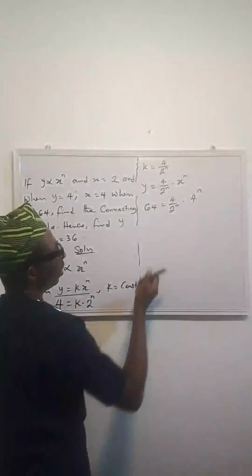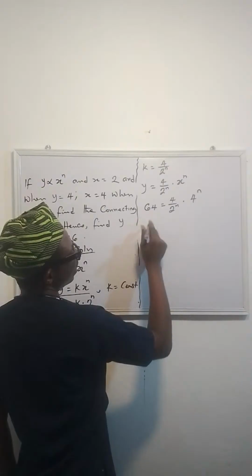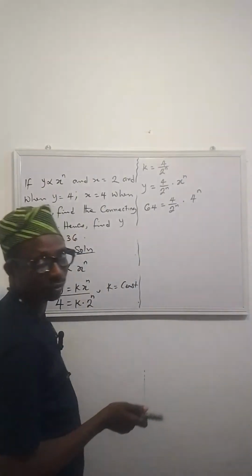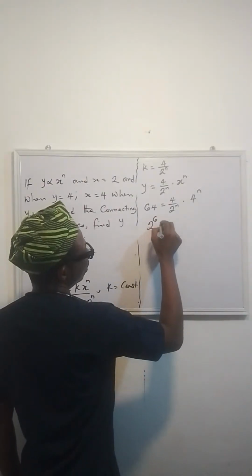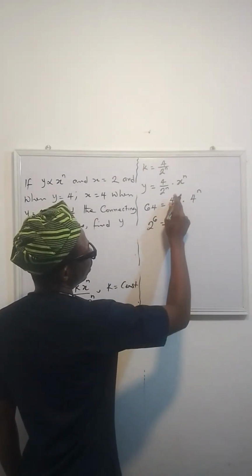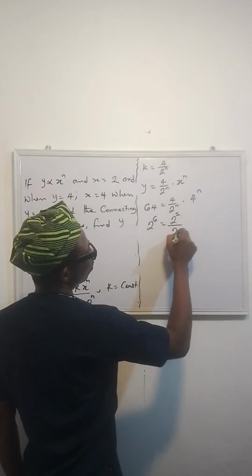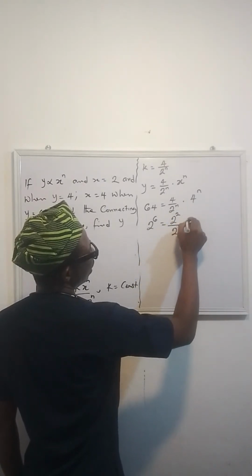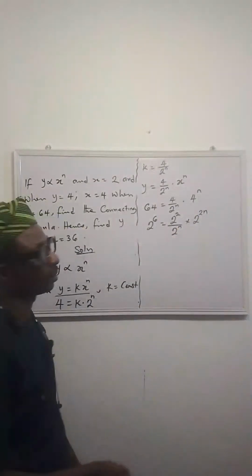All right, so here 64 can be expressed as 2 raised to the power of 6. So let's write it as 2 raised to the power of 6, which equals 2 raised to the power of 2 over 2 raised to the power of n times 2 raised to the power of 2n. Okay.